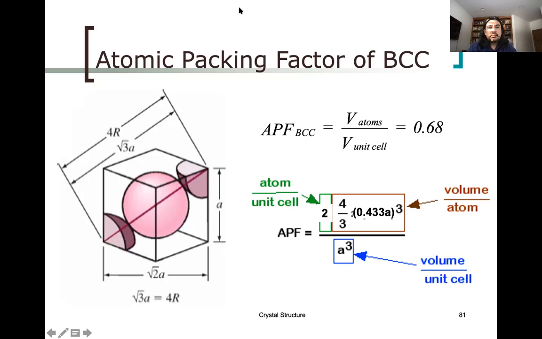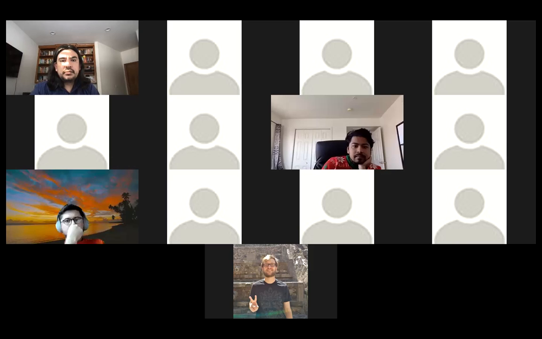If we have a packing factor of 0.8 or 0.7, how will that shape the properties of a metal compared to one which has a packing factor of 0.3 or 0.2? So the packing factor and properties: usually the atoms pack themselves in the most efficient way that they can.